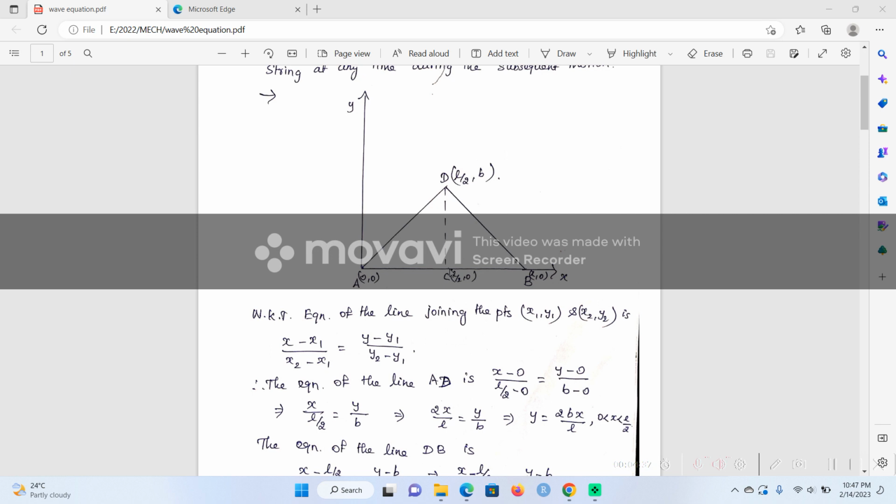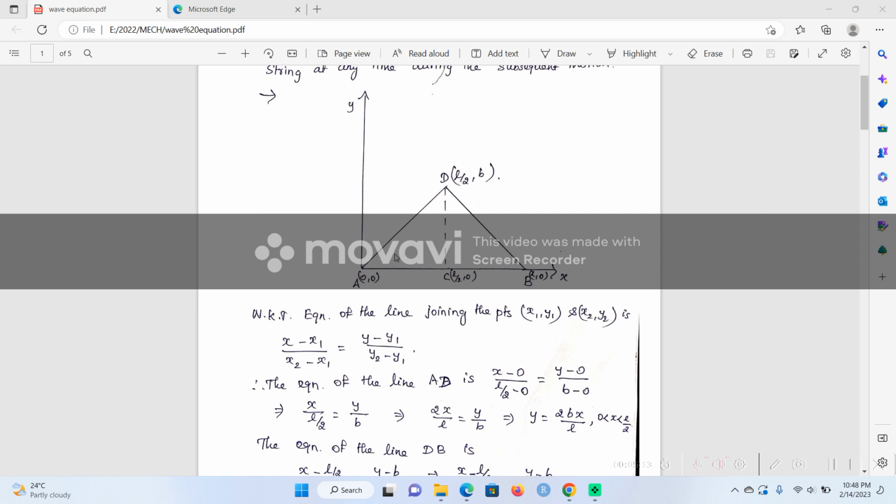That point is taken as D. So obviously the x coordinate of D will be half the length of the string, that is L by 2, and b is the displacement. So this string's midpoint is displaced by a distance b, therefore the y coordinate will be b. So we have D as L by 2 comma b, that is the coordinate of D.